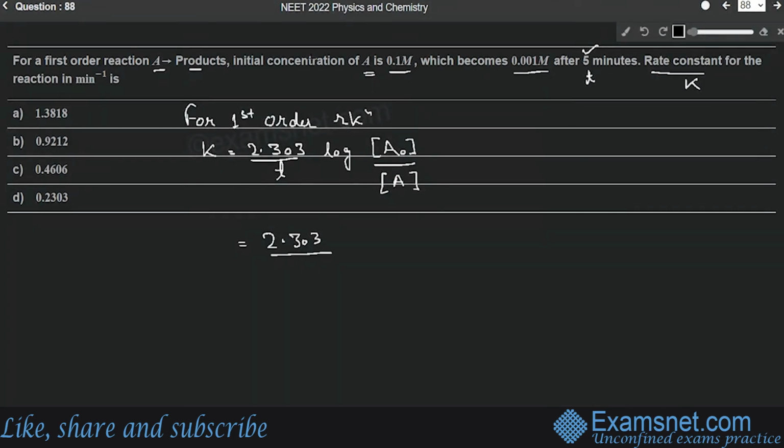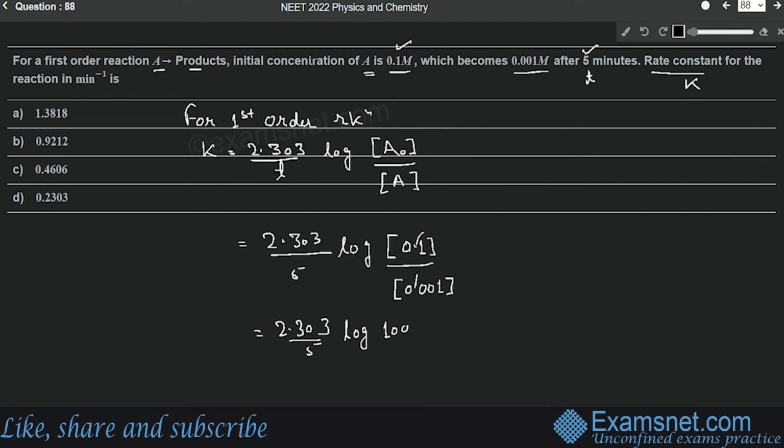2.303 by time, which is 5 minutes, right? Log of initial concentration, which is given as 0.1 molar, so 0.1 by final concentration, that means 0.001 molar, right? Now here we'll get 2.303 by 5 into log 100. If we remove the decimal, we'll get 100.